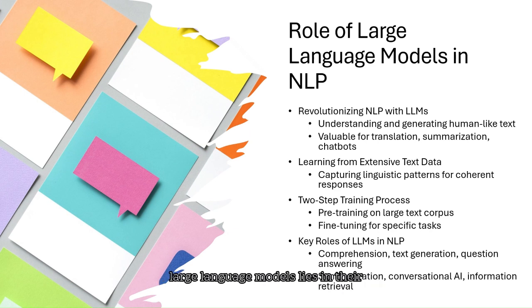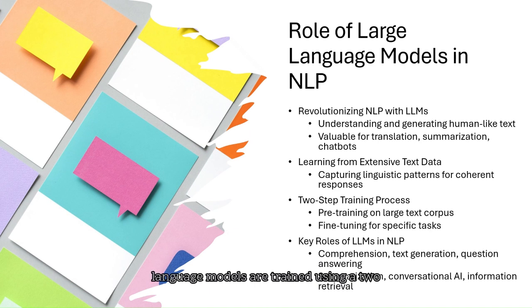One of the key strengths of large language models lies in their capability to learn from vast amounts of text. By training on massive data sets, large language models can capture complex linguistic patterns and generate coherent and contextually appropriate responses. That enhances their ability to produce high quality output that can be indistinguishable from human generated text.